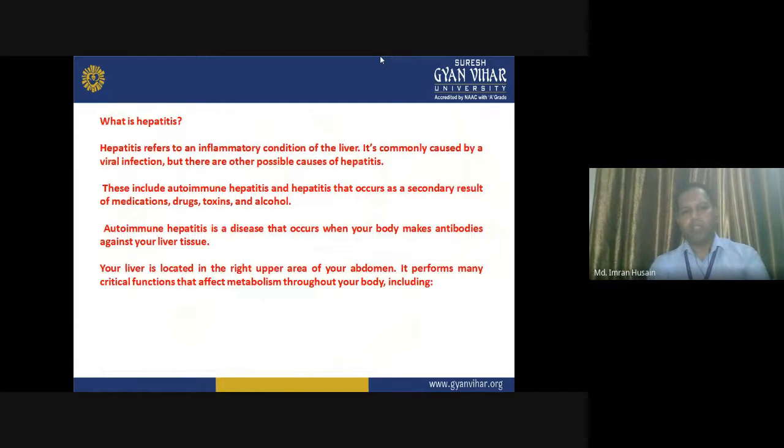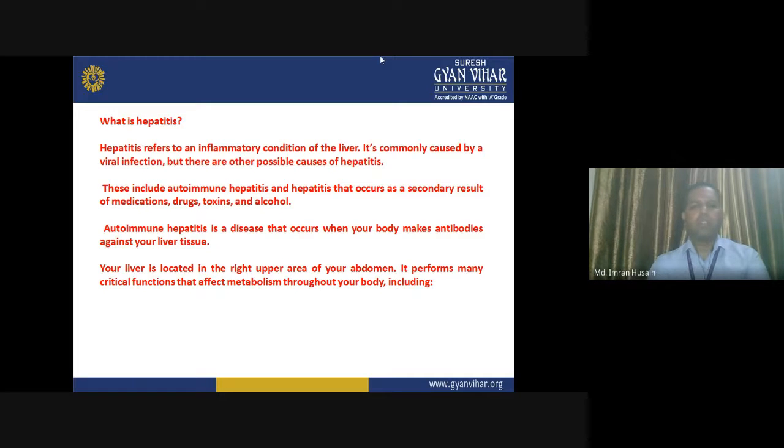So what is hepatitis? Hepatitis refers to an inflammatory condition of the liver. As its name suggests, if we understand the root word, hepatitis is commonly caused by a viral infection, but there are other possible causes. These include autoimmune hepatitis and hepatitis that occurs as a secondary result of medication, drugs, toxins, and alcohol.